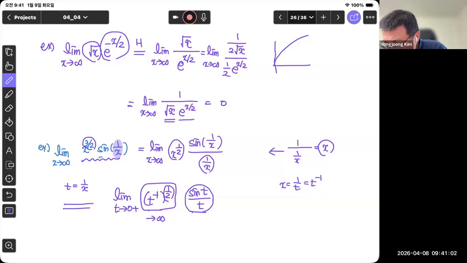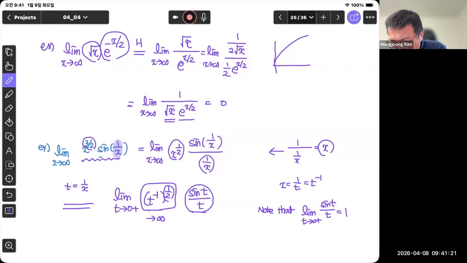No, please note that the limit of sine t over t as t goes to 0 will be 1, not 0.